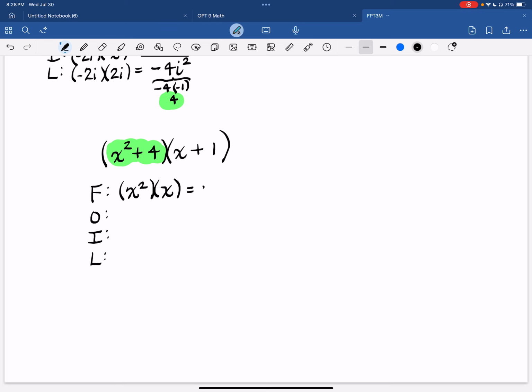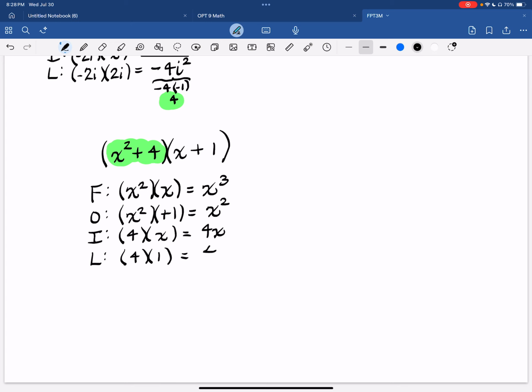That's x to the 3rd power. Outside is x squared times positive 1. That's x squared. Inside is 4 times x, or 4x. And last is 4 times 1, or constant 4.